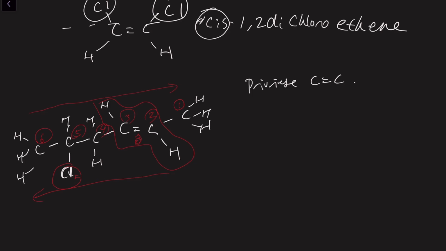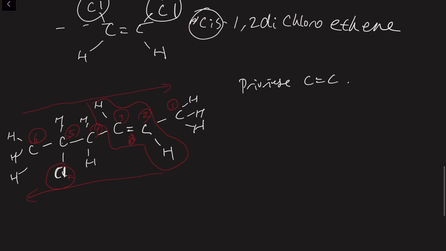So it is a trans arrangement. And let's start to write down the name of this molecule. We know that it has 6 carbon atoms, so it's something to do with hex. If you recall from the previous videos, hex corresponds to 6 carbon atoms. And because the carbon-to-carbon double bond starts on the second carbon, it is hex-2-ene.